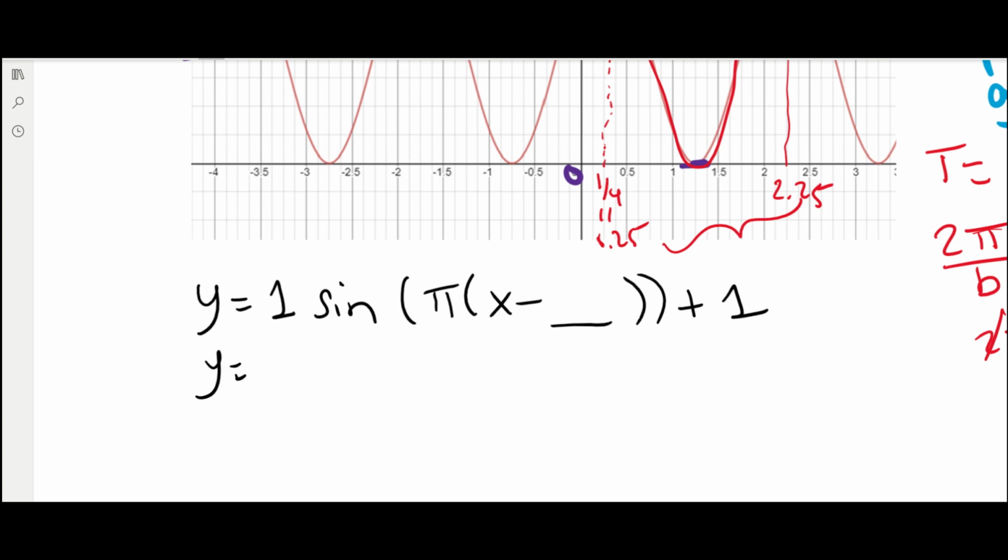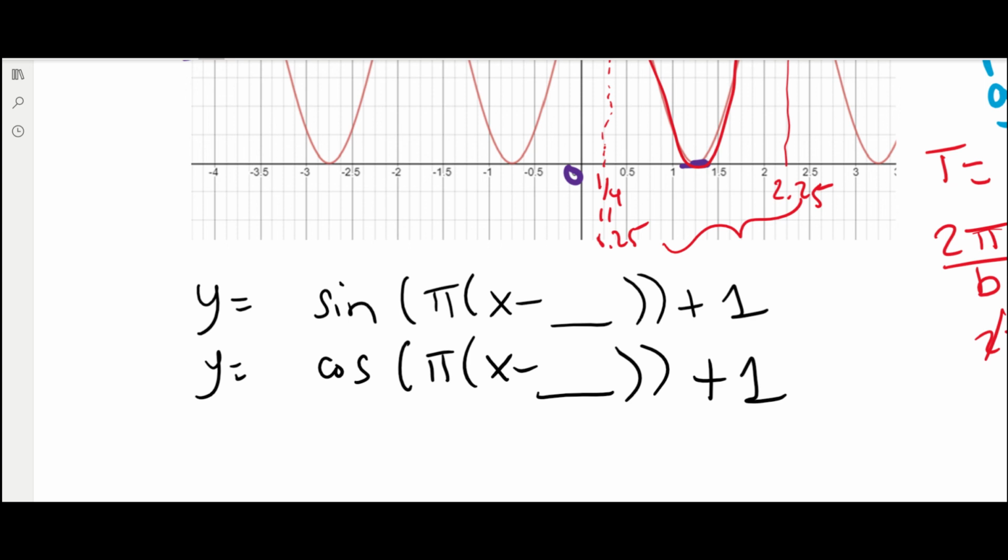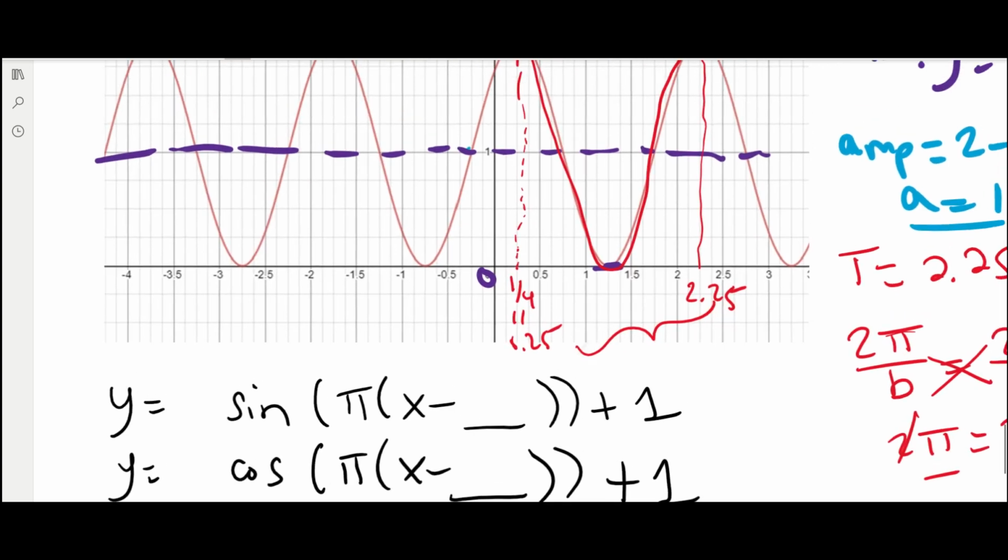And then write the equation for cosine. Again, you don't have to write the 1 here if you don't want. In fact, I will erase it because I don't like writing it there, but I just did it for you guys. Cosine pi x minus blank plus 1. All right, so we'll have to find the C term, which I will use green for.